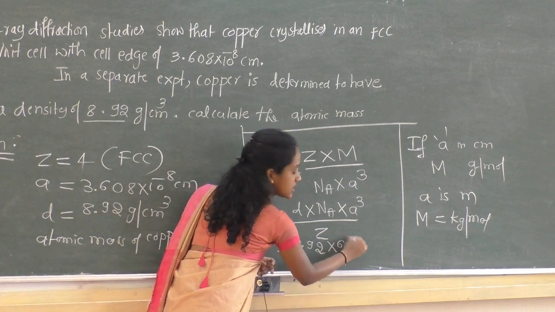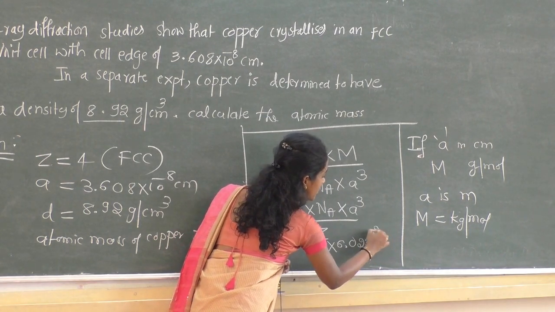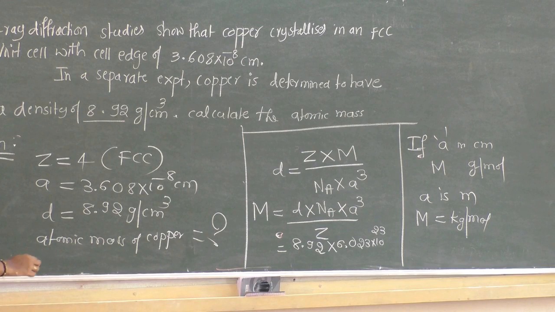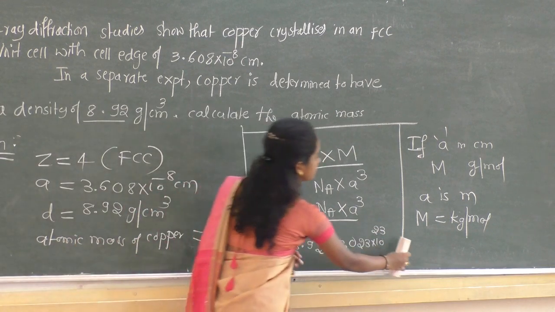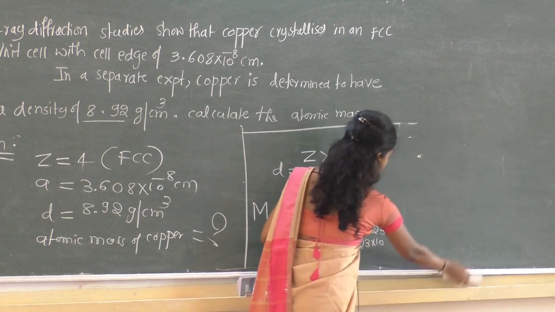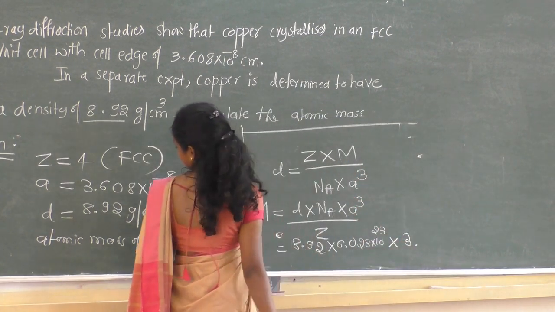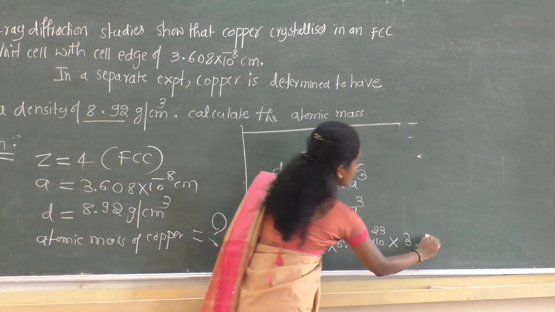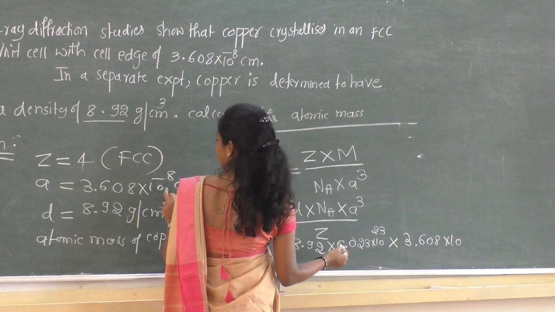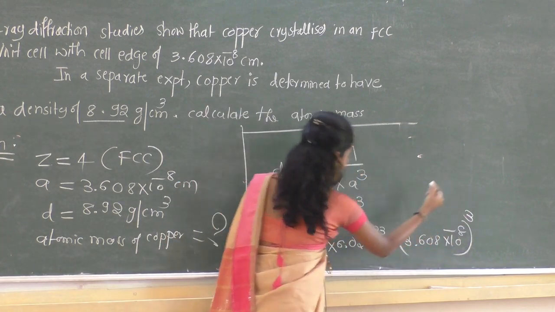Avogadro number, 6.023 into 10 to the power 23. What is a value? a is 3.608 into 10 to the power minus 8, and it's a cube, a cube, right?